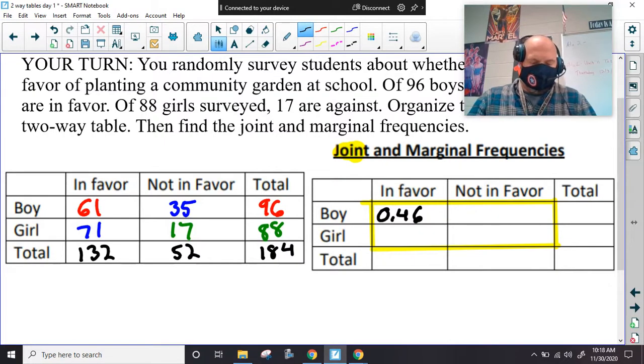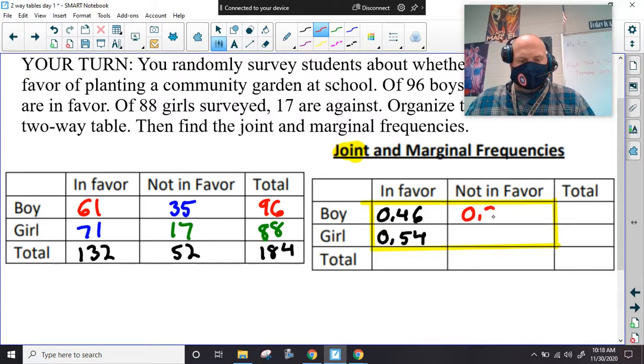A girl that's in favor, 71 divided by 132, this would be 0.54. Okay. Hey, good job trying. So 35 divided by 132, it's going to be 0.27. And then we have 17 divided by 132, 0.13.